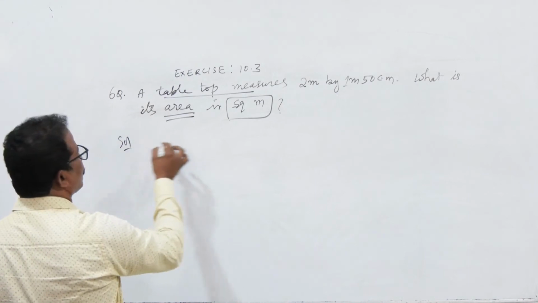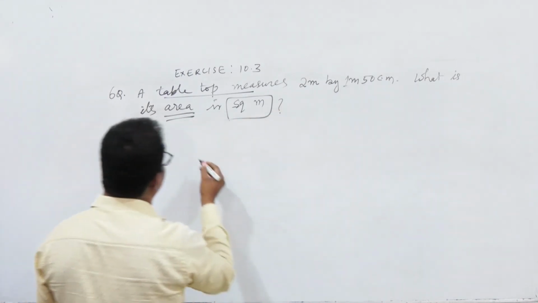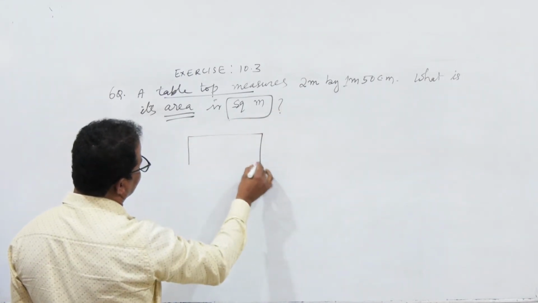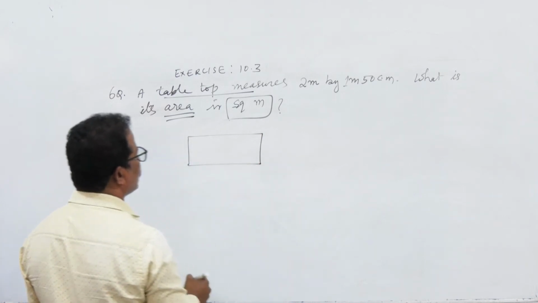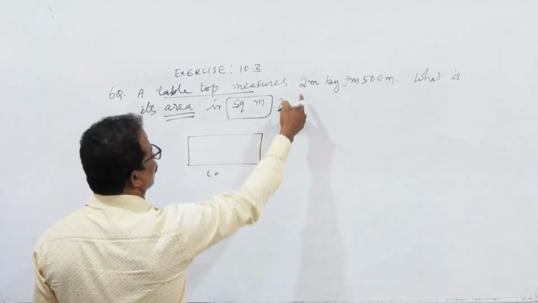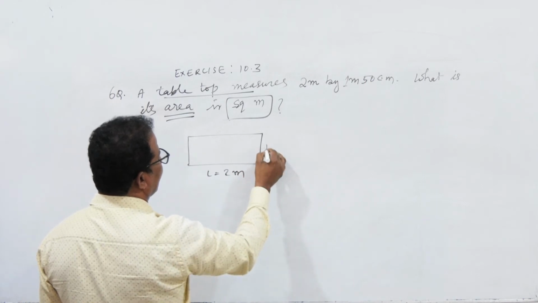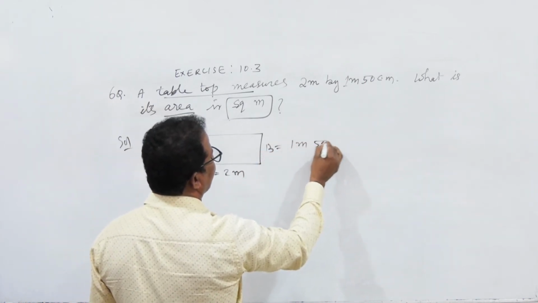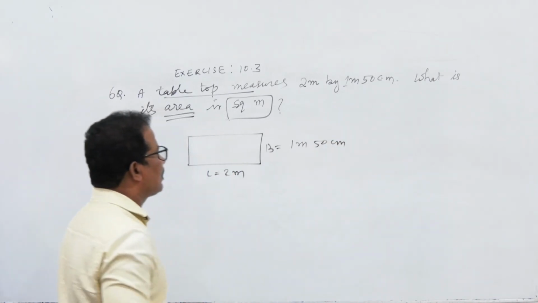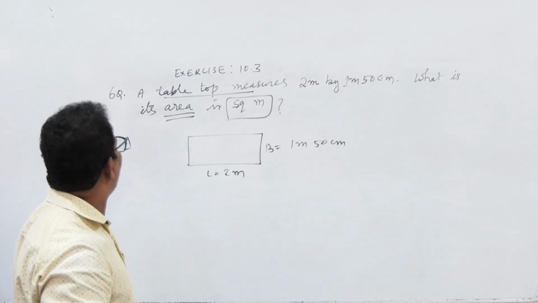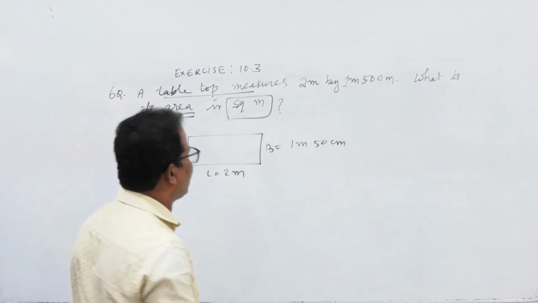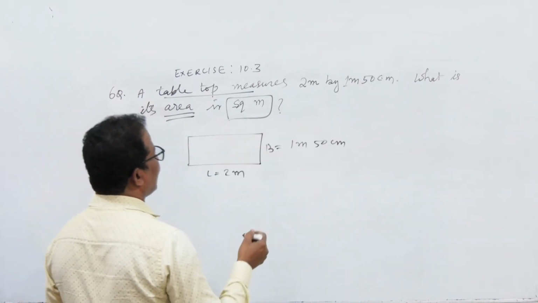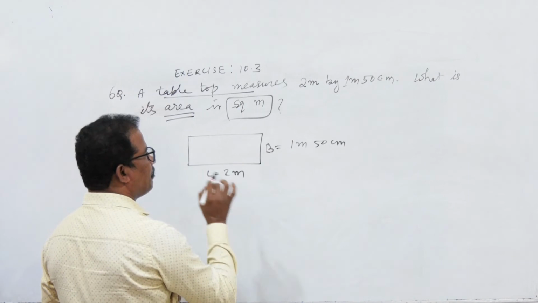So tabletop whose length and breadth are different means it is in the shape of a what? Rectangle only. Okay? So in this, see the length, that is how much? 2 meter, and the breadth is how much? 1 meter and 50 centimeter. Understand? So in this you see what is its area in square meter. That means both the length and breadth should be in meters only.